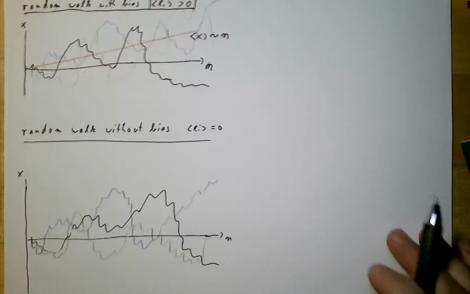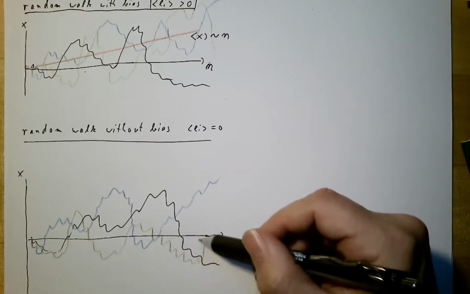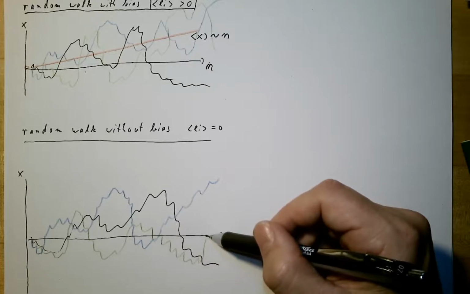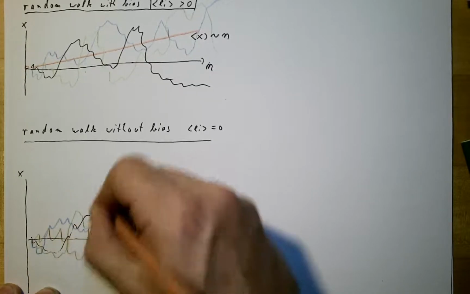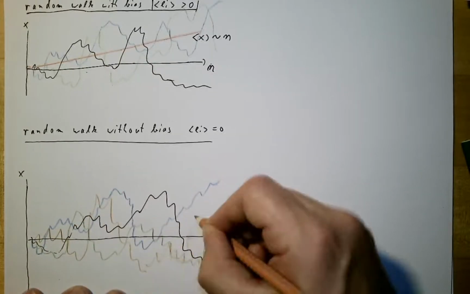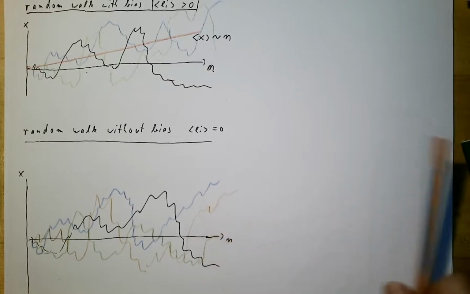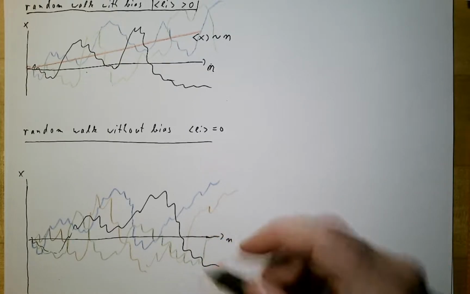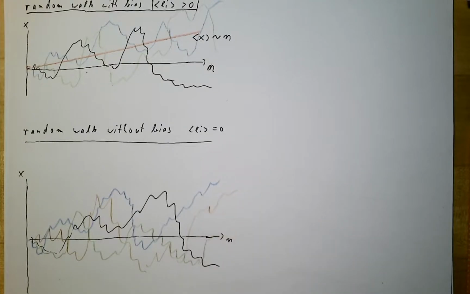And now the question one could ask is, okay, I know on average that the walker has position 0, but I still would be interested to know what's the likelihood to find it somewhere. How far should the walker be away from 0? I would like to know what's the typical displacement that the walker has at a certain time point.